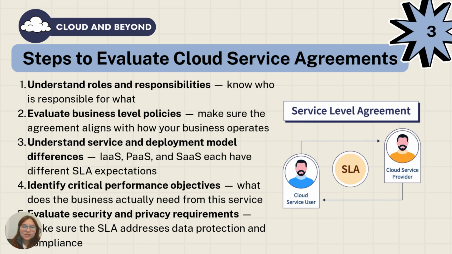An example of business-level policies: maybe your company is a hospital and there are certain requirements that need to be agreed upon if you're running a hospital, such as availability or data sovereignty.